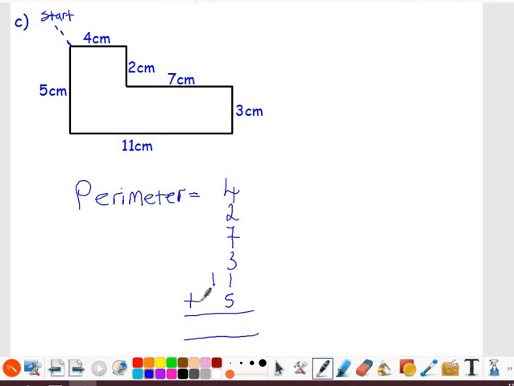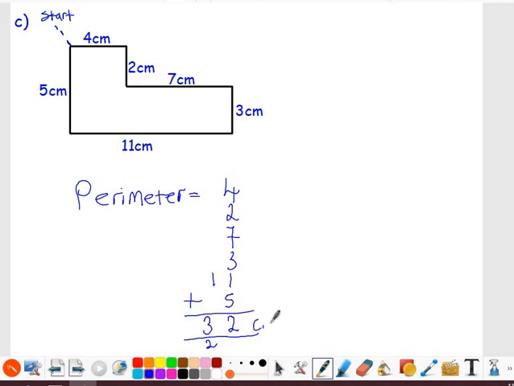So starting with our units, and remembering your place value here when you're lining up your tower sum. 4 add 2 is 6, 6 add 7 is 13, 13 add 3 is 16, 16 add 1 is 17, 17 add 5 is 22. So 2 down, carry 2, 1, add 2 is 3.